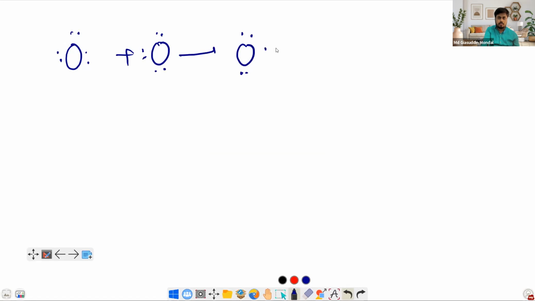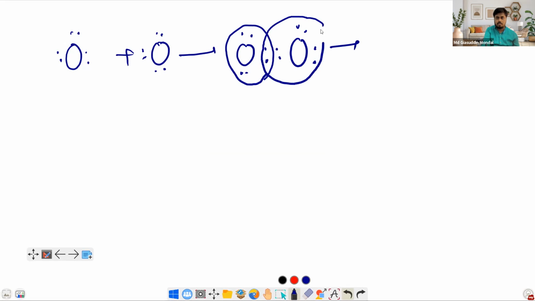In both the cases, you can draw it in this way because it's an equal sharing of electrons. That means O2, right? Yes, sir. Draw it now.